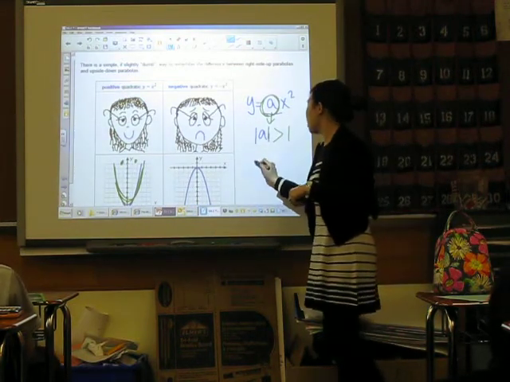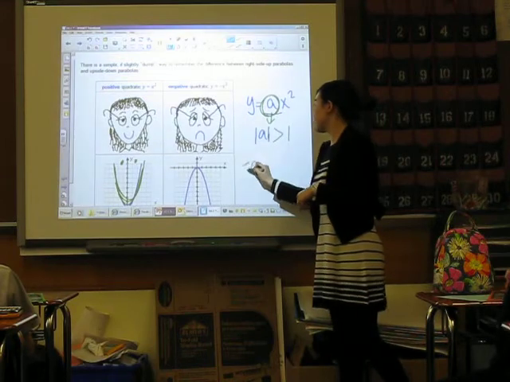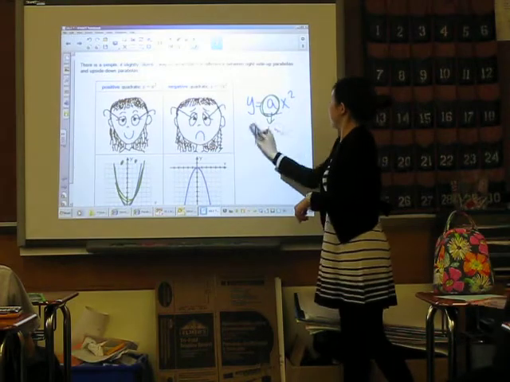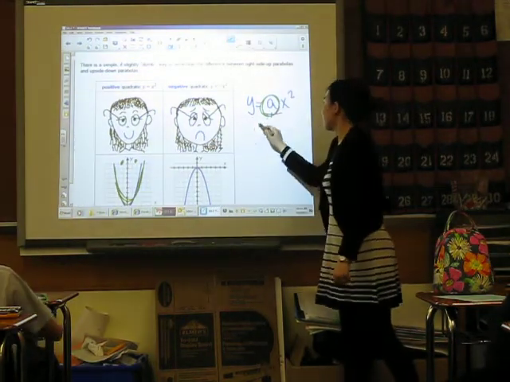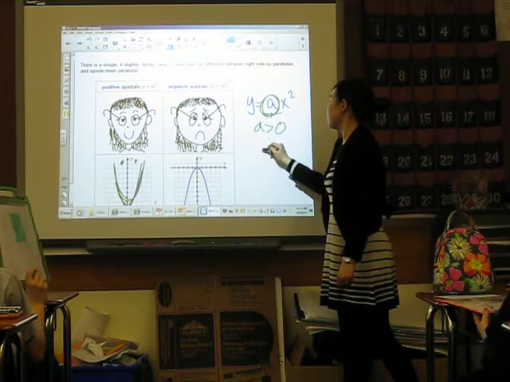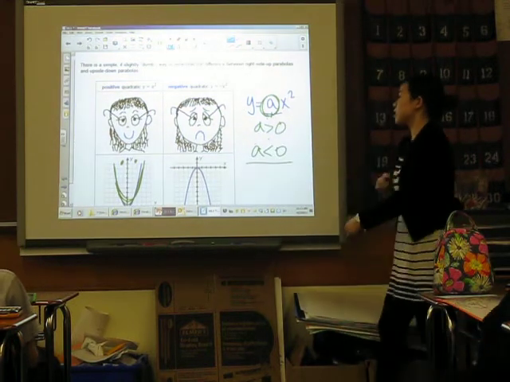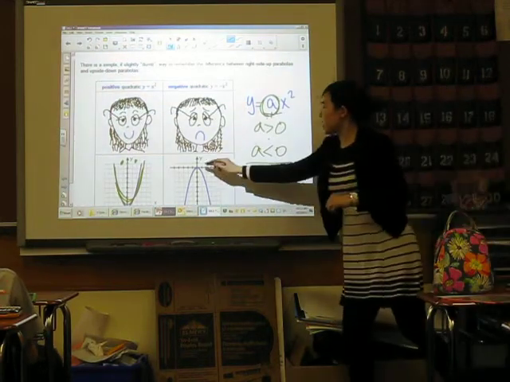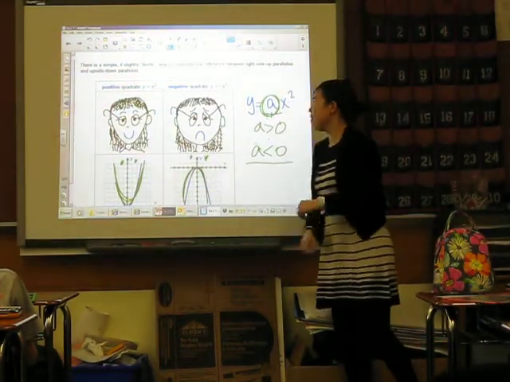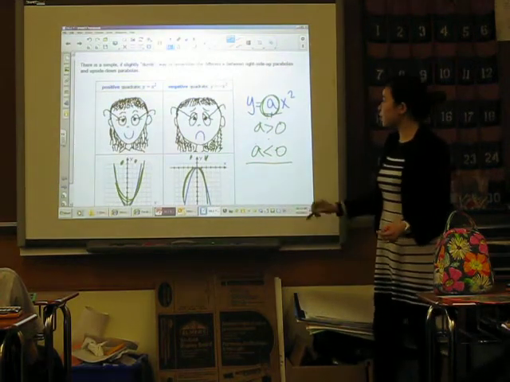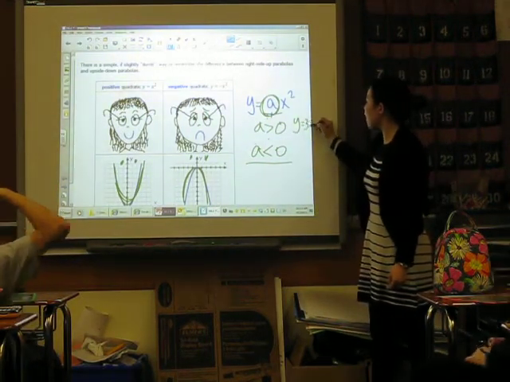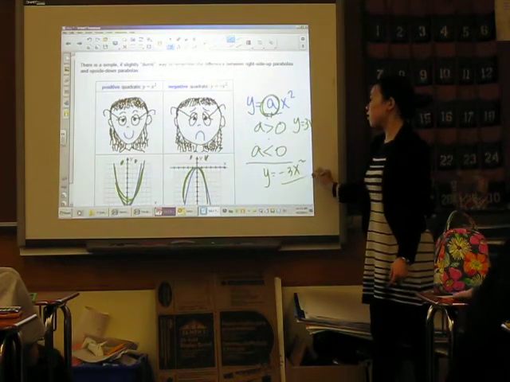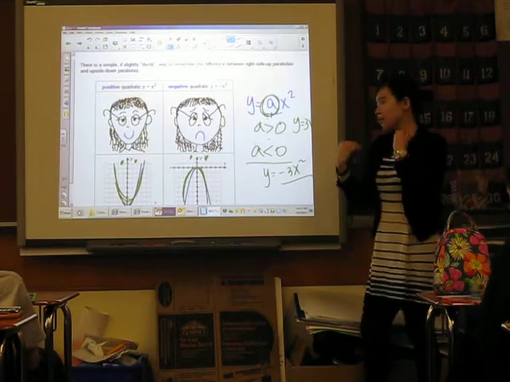And if a is negative, you will get an angry face, a sad face. For example, y equals 3x squared will be a smile. y equals negative 3x squared will be sad.